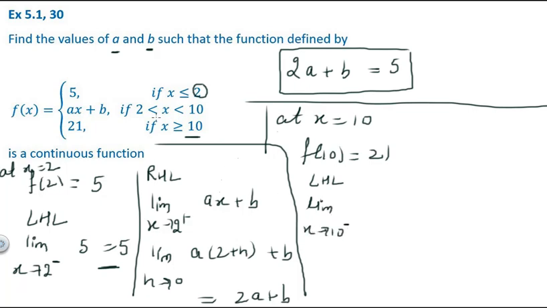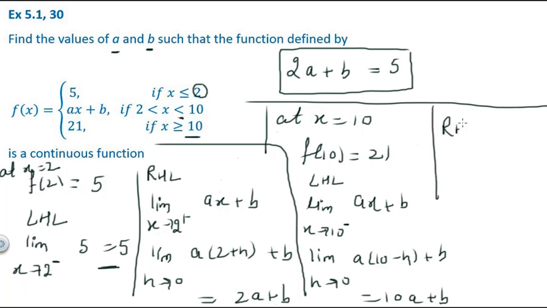For less than 10, we have the function as ax plus b. So limit h tending to 0, instead of x we will write 10 minus h plus b. So we get it as 10a plus b. Clear? And for RHL, for greater than 10, we will have 21 only.